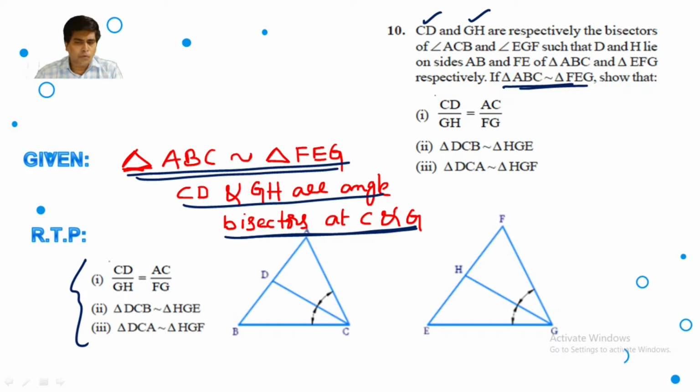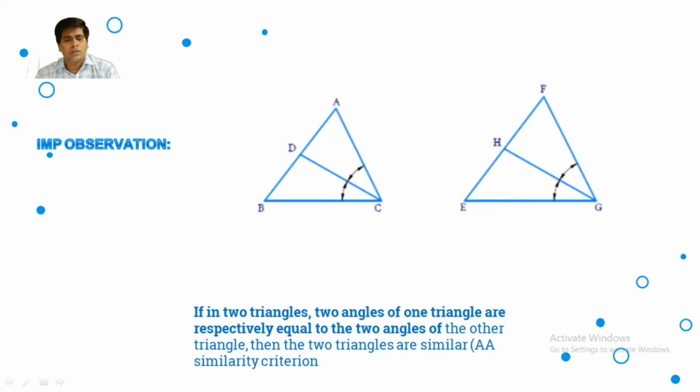Let us start the proof now. Before going to the proof, let us see the important observation here. He has clearly given triangle ABC is similar to triangle FEG.